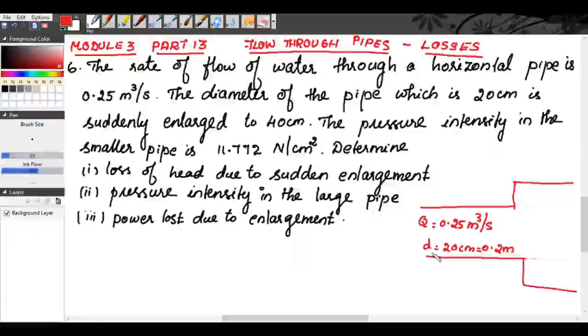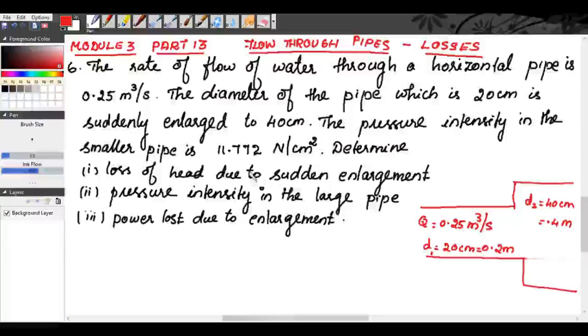So we will take this as D1, and D2, suddenly enlarged to 40 centimeter, which is equal to 0.4 meter. The pressure intensity in the smaller pipe is 11.772 Newton per centimeter square.